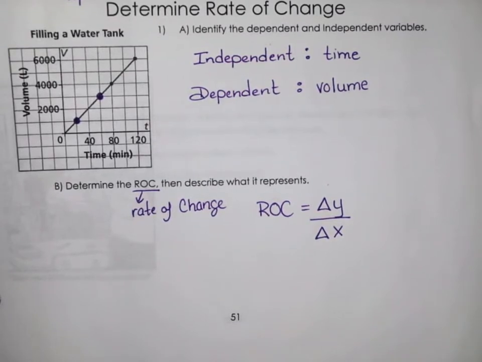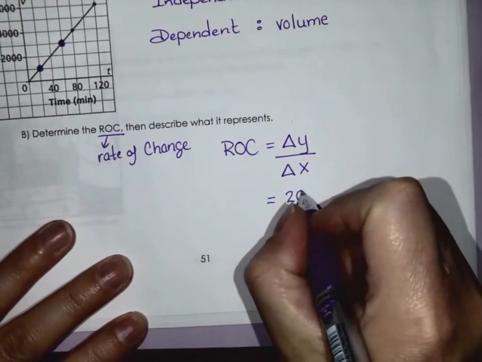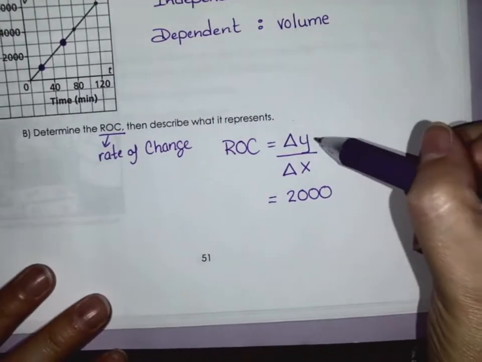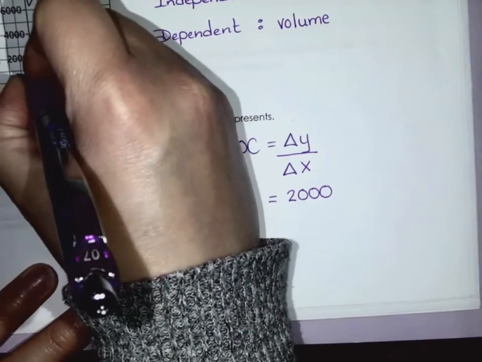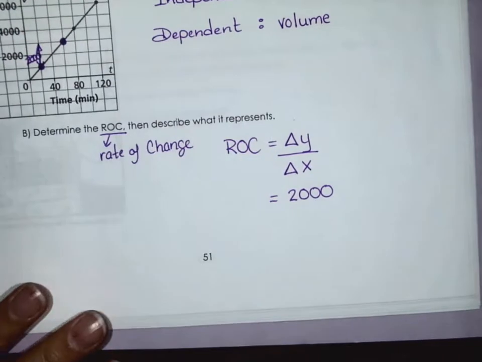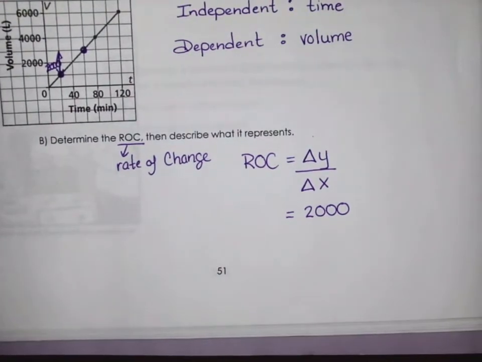If I was at 1,000 and now I'm at 3,000, how far did I travel? 2,000. So the change in y, from here to here, was 2,000. It doesn't mean I'm at 2,000, it means I've changed. I've started at 1,000 and gone to 3,000, so I've moved 2,000 liters up.